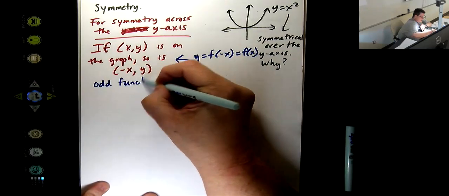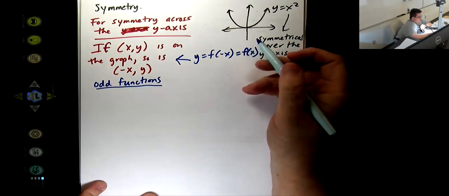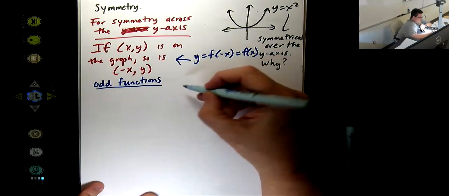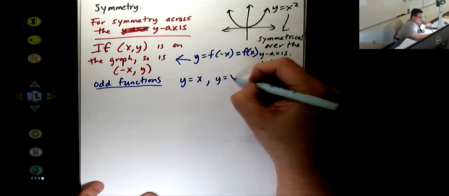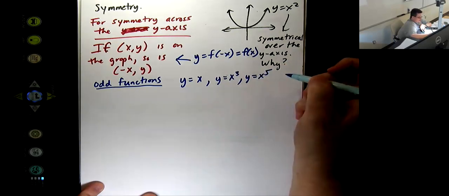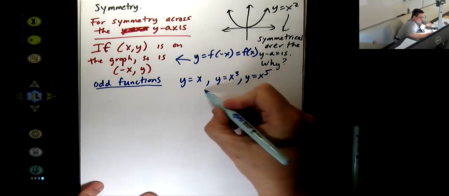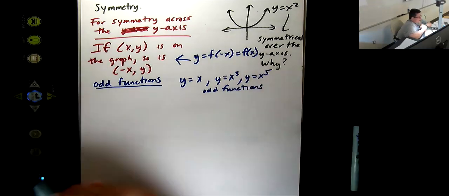We call them odd functions. The polynomials y = x, y = x cubed, y = x to the 5th, these are all odd functions because they follow this symmetry.